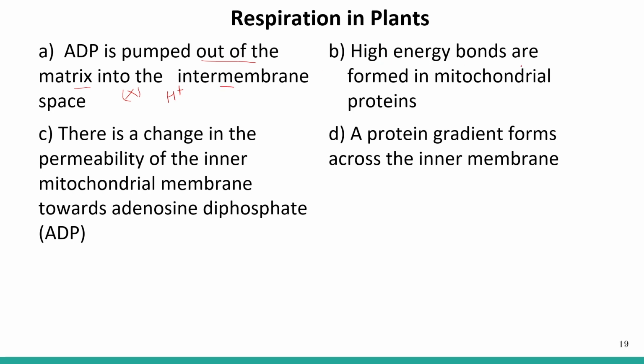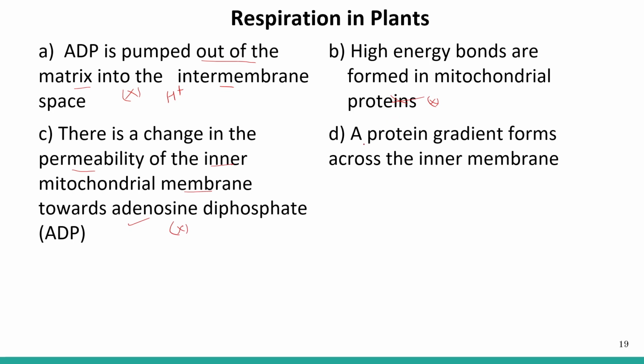High energy bonds are formed in mitochondrial proteins. This is also not true. There is a change in the permeability of the inner mitochondrial membrane towards adenosine diphosphate. This is also not true; there is no change in the permeability.